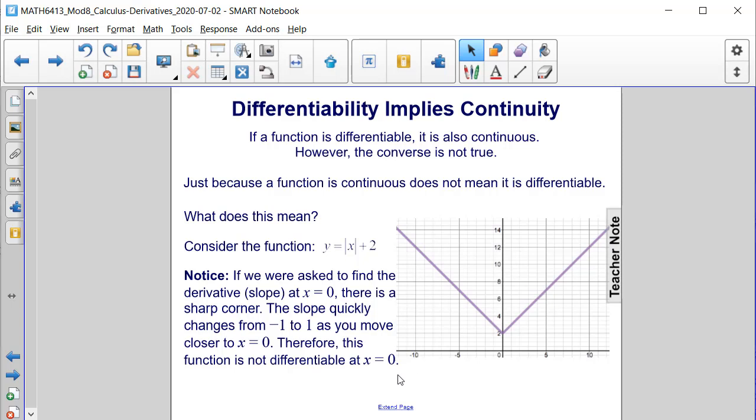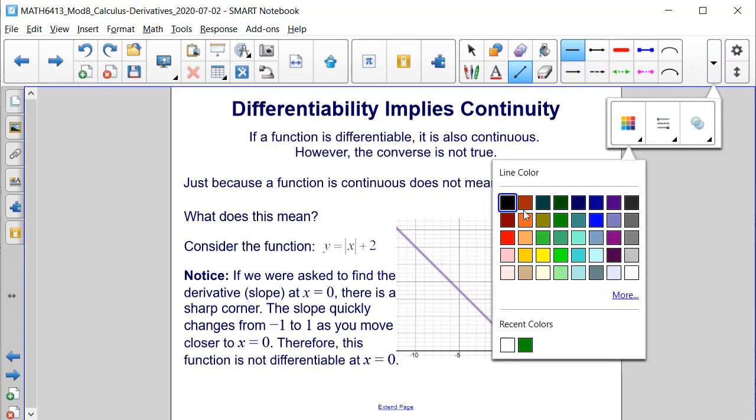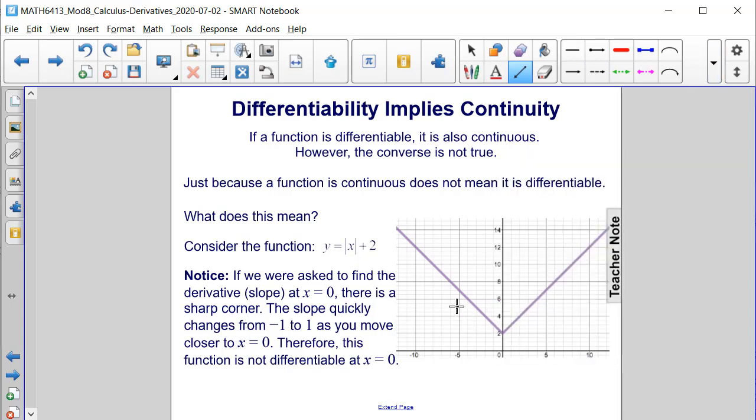Another way to look at this would be to try to draw tangents at the line x equals 0. And if I was to actually try to draw different tangents, and I'll do them in a different color so that they're not the same as our function, I could try doing, here's one tangent, here's another tangent, here's another tangent.